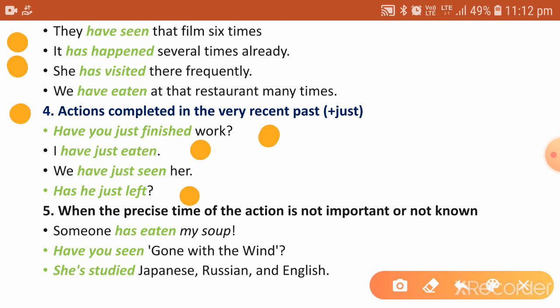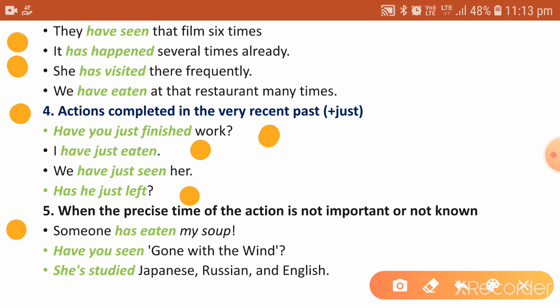Number 5, when the precise time of the action is not important or not known. It means the exact time is not so important, or we have no knowledge about the precise time.